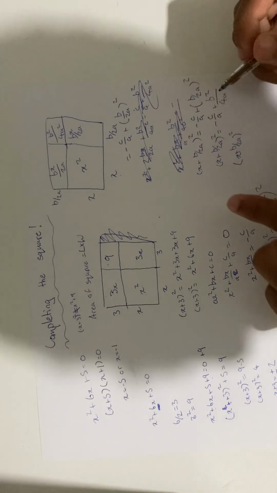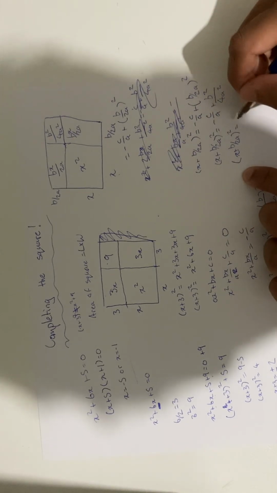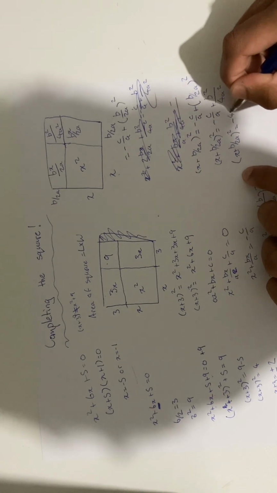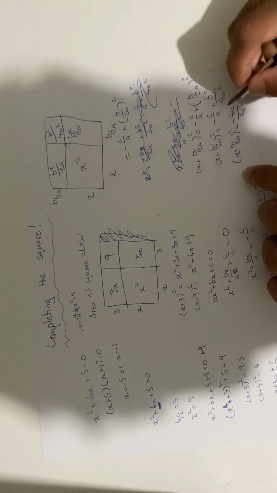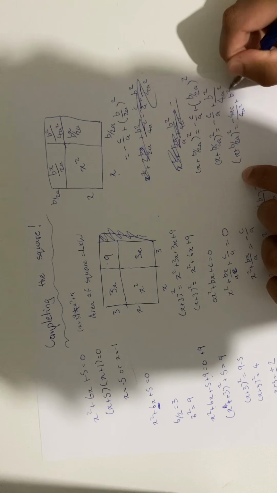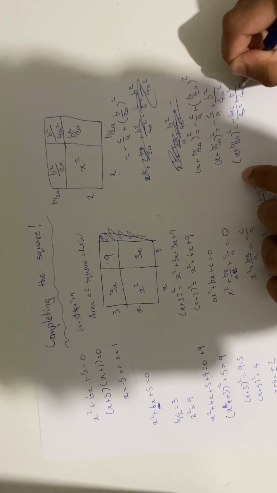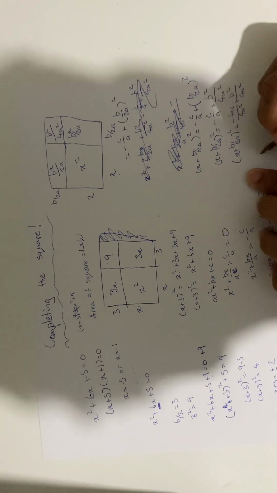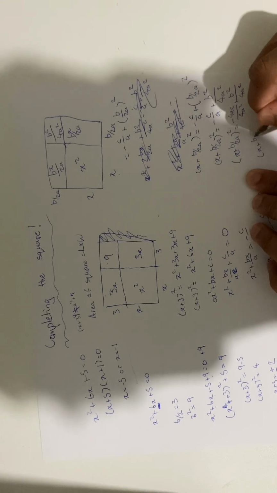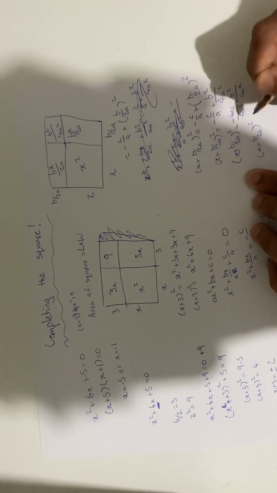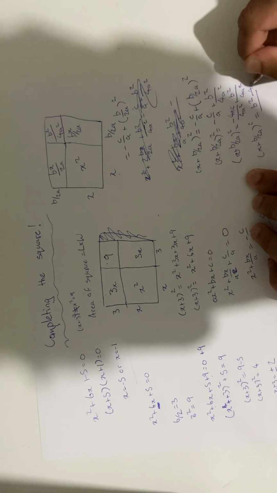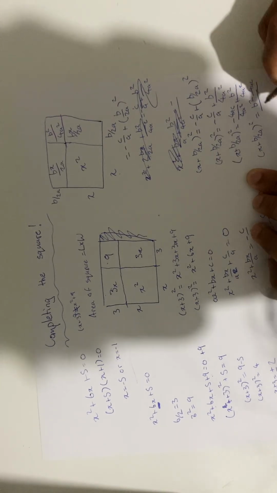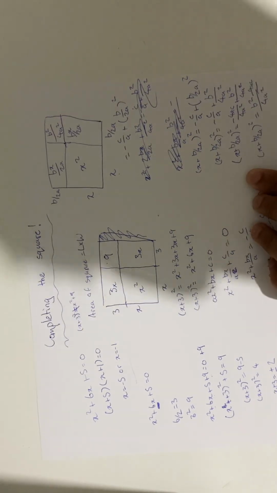So we don't have to multiply anything by this. This is just going to be minus 4ac over 4a squared plus b squared over 4a squared. This gives us x plus b over 2a squared is equal to b squared minus 4ac divided by 4a squared.